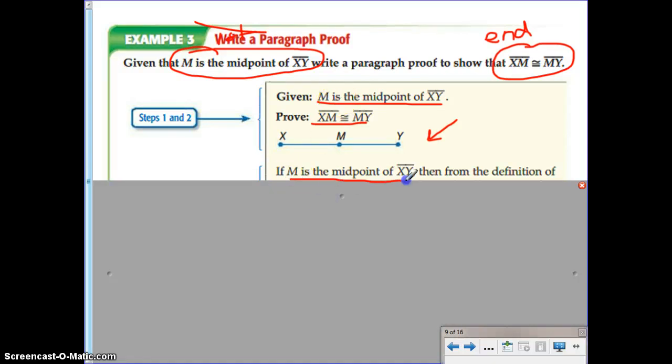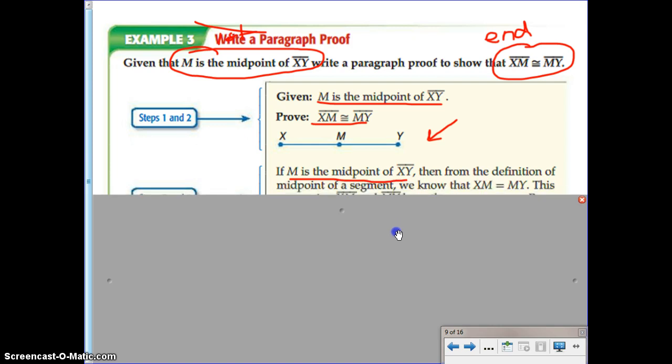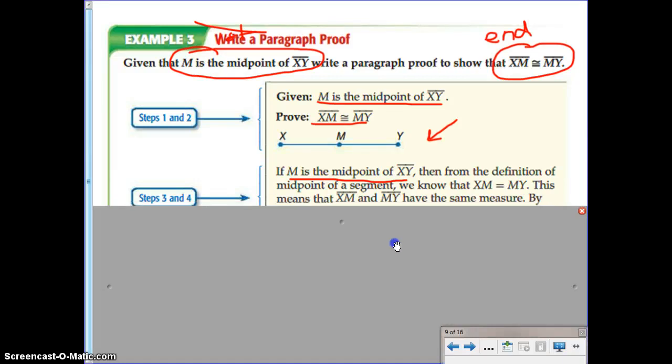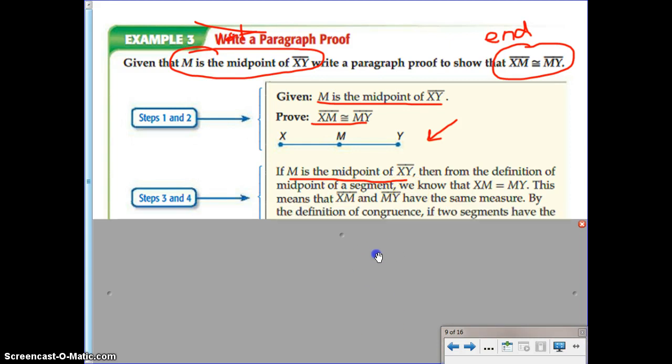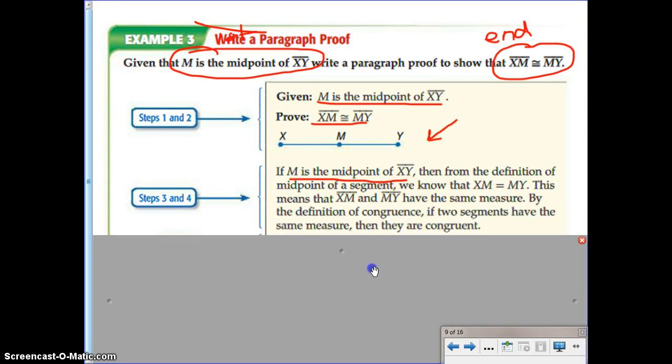That's a good place to start. Then, from the definition of the midpoint of a segment, we know that XM equals MY. We know that they are equal to each other. This means that line segment XM and line segment MY have the same measure. By the definition of congruence, if two segments have the same measure, they are congruent.